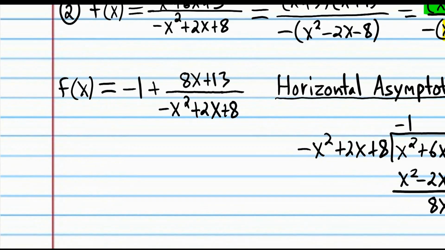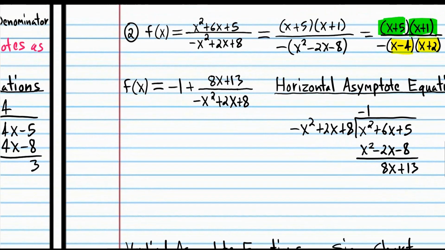Because as x gets really big, if x is a really, really big positive number or a really, really big negative number, then what happens is this fraction disappears. Or it approaches 0 more precisely.